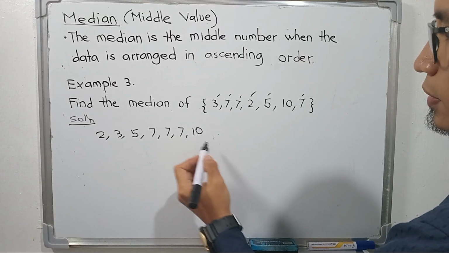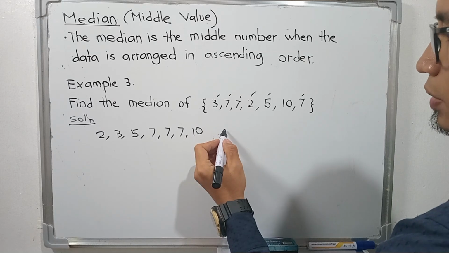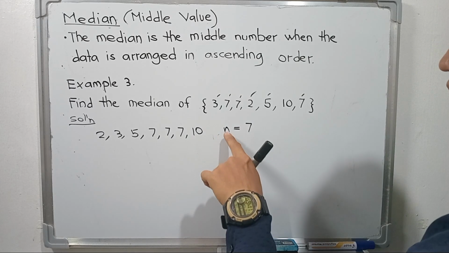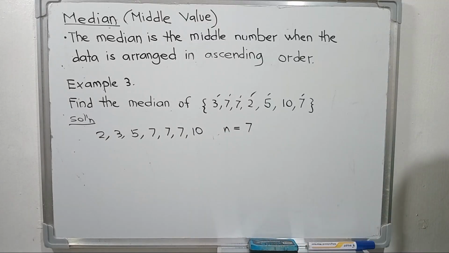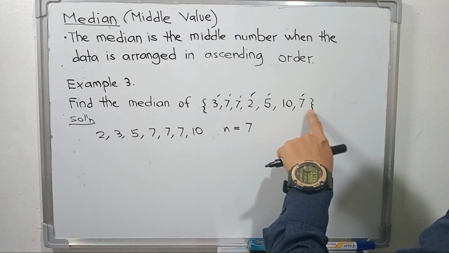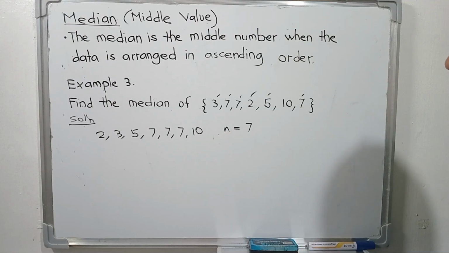Notice that our n here is 7. Remember that n is the number of values in our data set, and we have 1, 2, 3, 4, 5, 6, 7 values in our data set, so n is equal to 7.